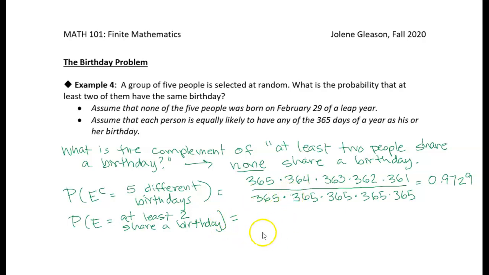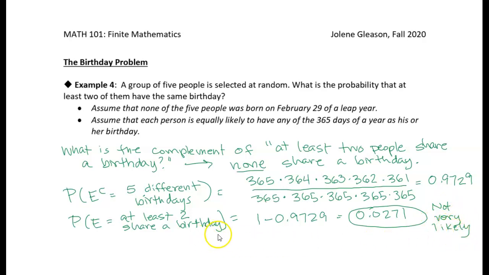So that's the opposite. So we're going to use complementary counting. I'm just going to take 1 and subtract the opposite of what we want, 0.9729, which tells us that it's 0.0271, so about a 2.71% chance that there will be at least two people who share a birthday. So that's fairly low. That's not very likely.